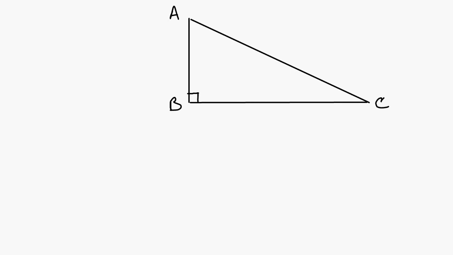Now, in relation to angle A, you've got three sides in this triangle. In relation to angle A, AC is the hypotenuse. And again, we're talking about angle A.